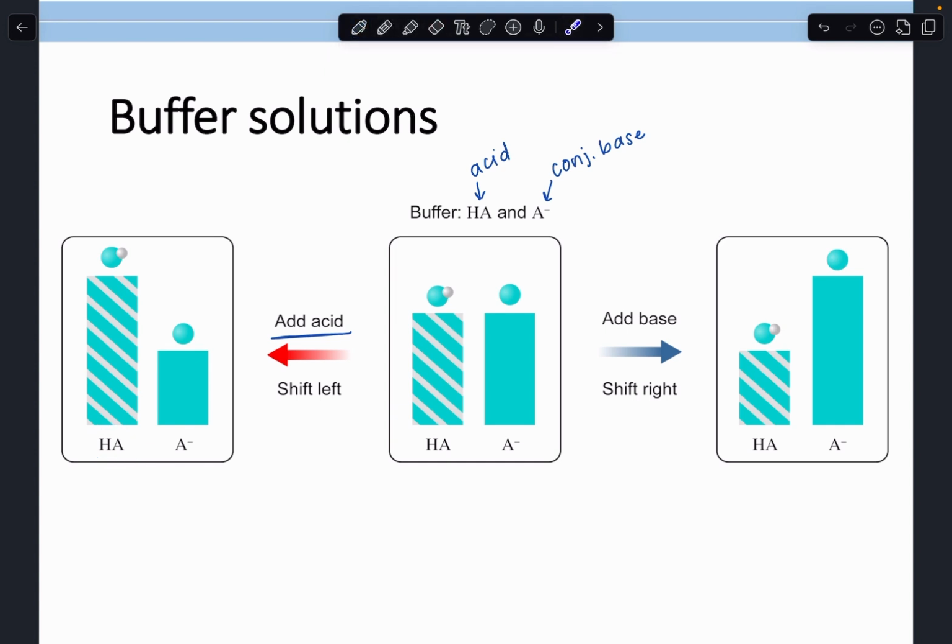Or if in a buffer solution base is added, the base will react with HA to form more A minus. So there would be after adding base, more A minus present than HA, or than there is without having added the acid or base. But even with the shifts, the pH of the solution changes very little because there's already a very large amount of both the acid and the conjugate base.